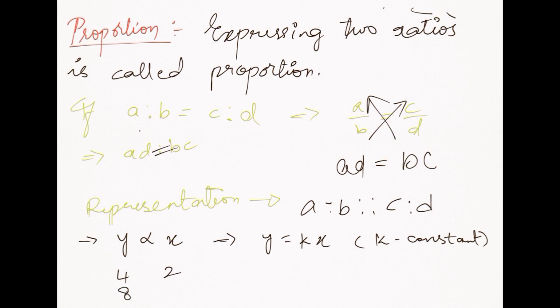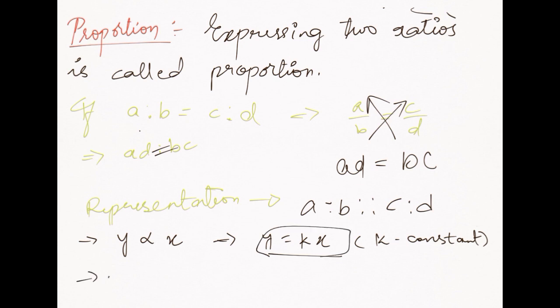Obviously the number of biscuits also will be increased by 2 times, so 2 2s is 4. Here 4 is equal to 2 into 2, right? 2 times, so its k is something constant. Here also 8 is 2 into 4. So this value is completely fixed. Understood? So that is what we are applying and understanding by this step.